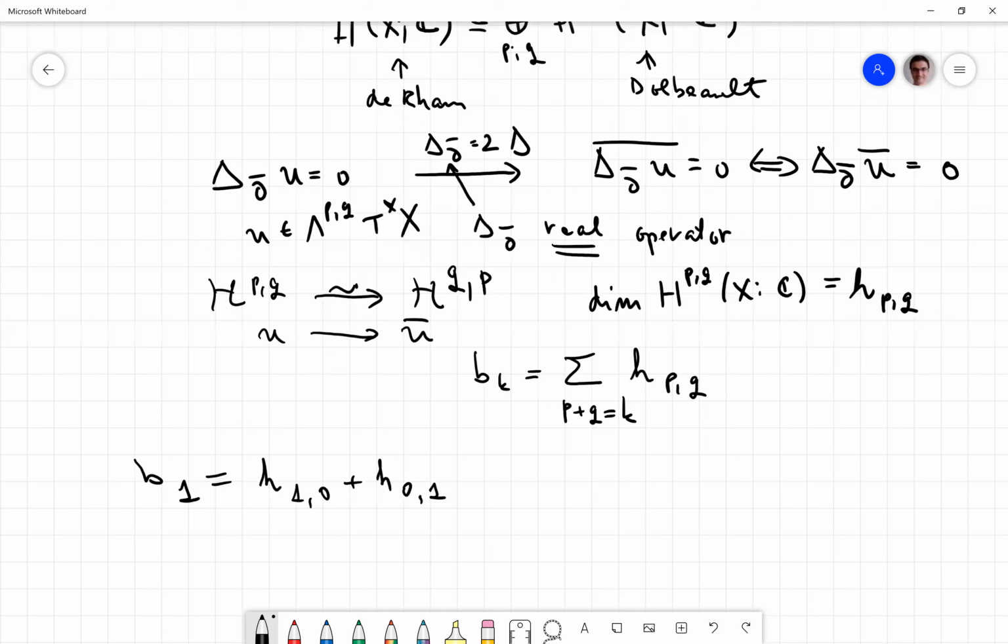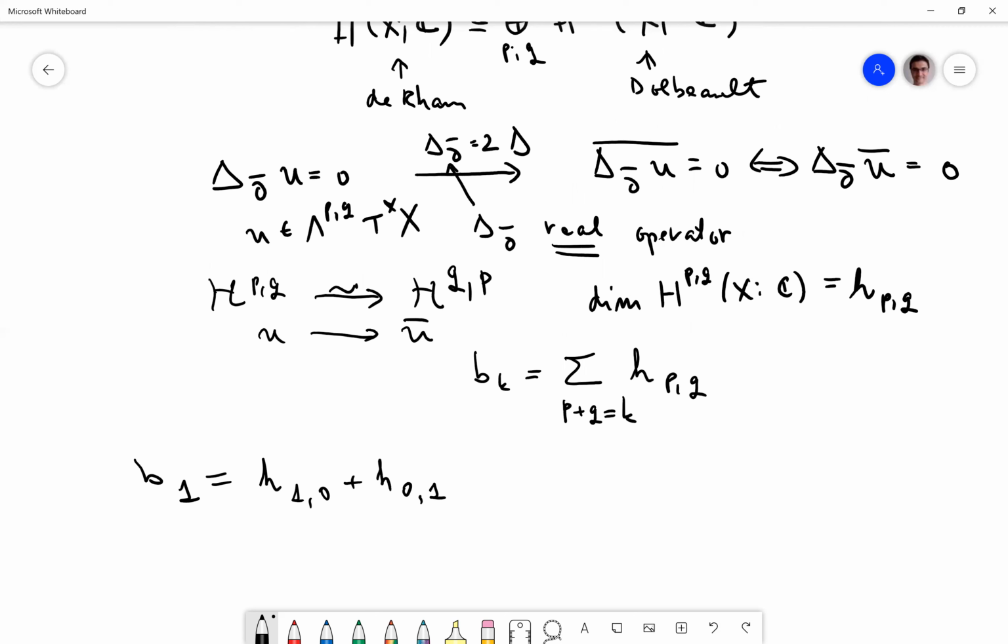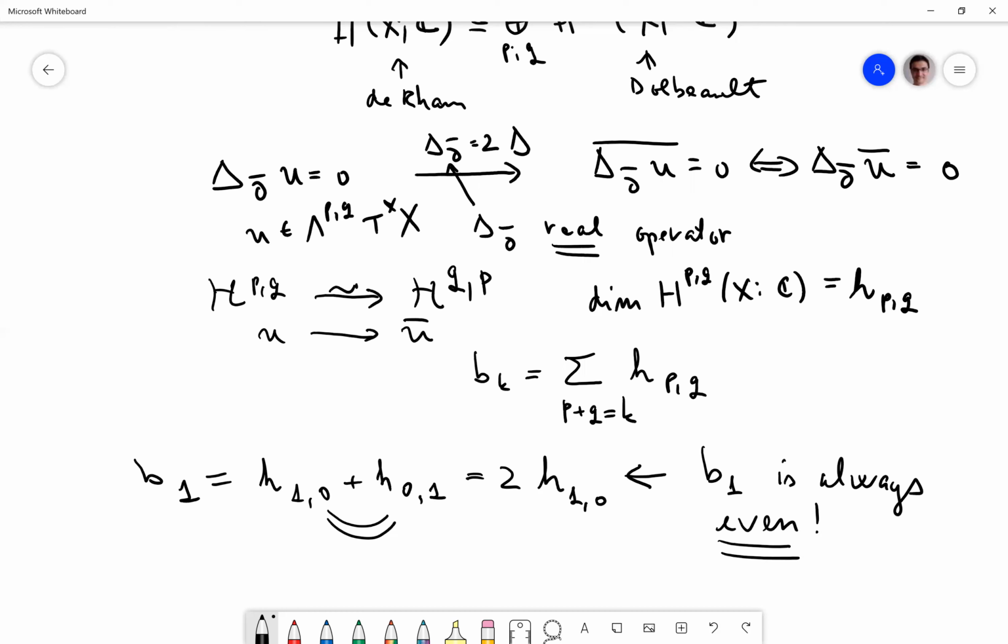Due to this isomorphism between conjugates, these two are the same, so in particular this is twice h^10. So what you get from here is that for a compact Kahler manifold, B1 is always even. So let me rephrase that: if you're on a compact Riemannian manifold where B1 is odd, then you know for sure that the manifold does not admit a Kahler structure.